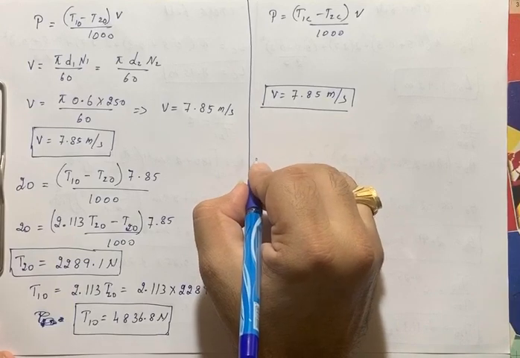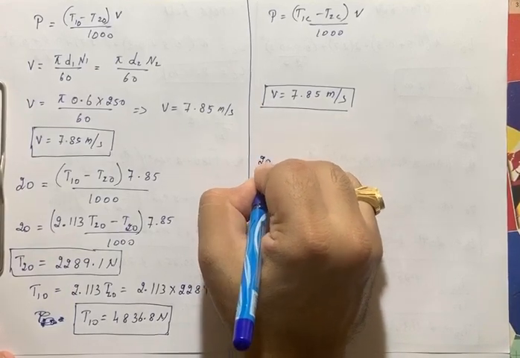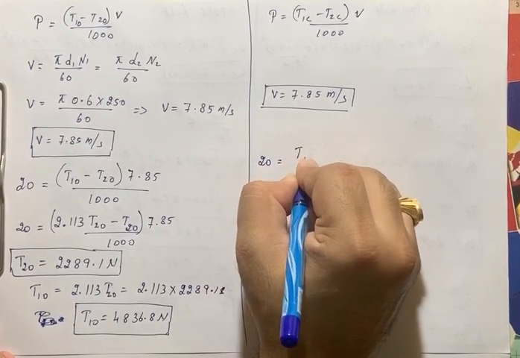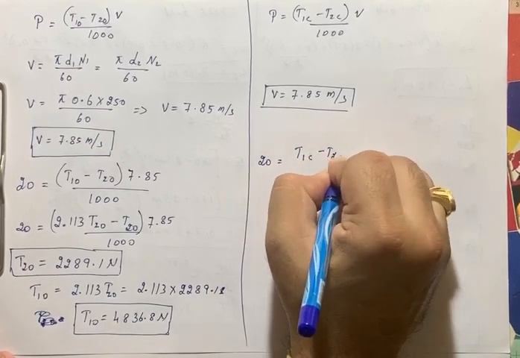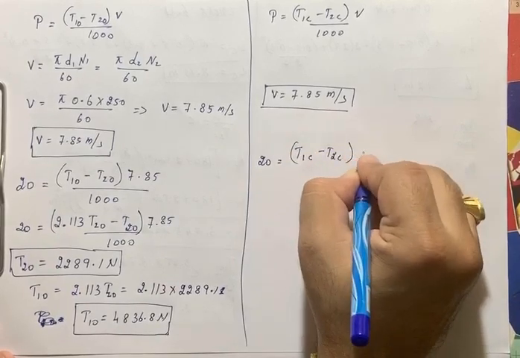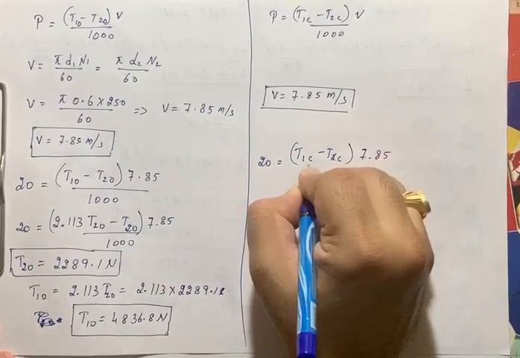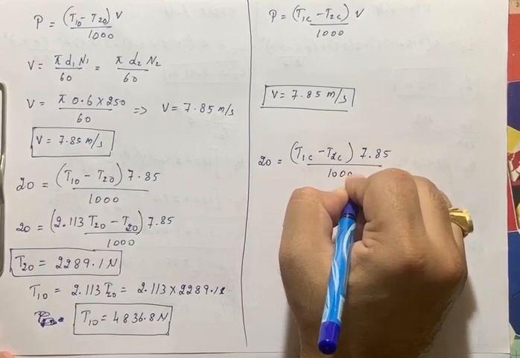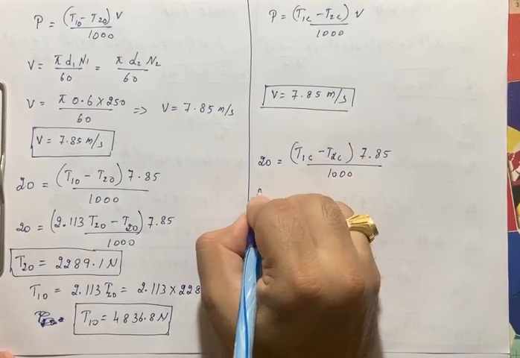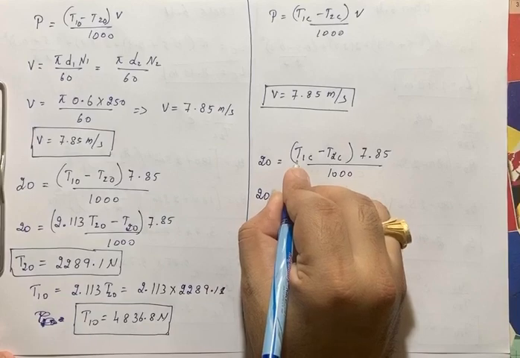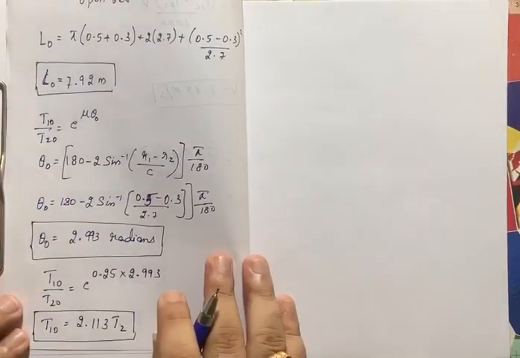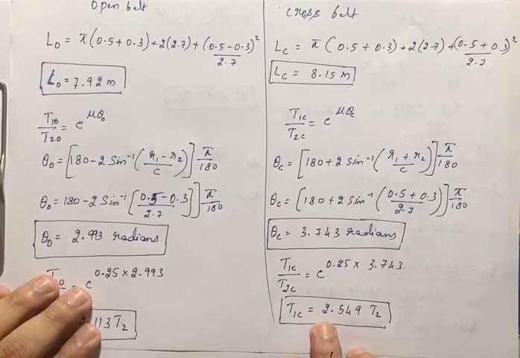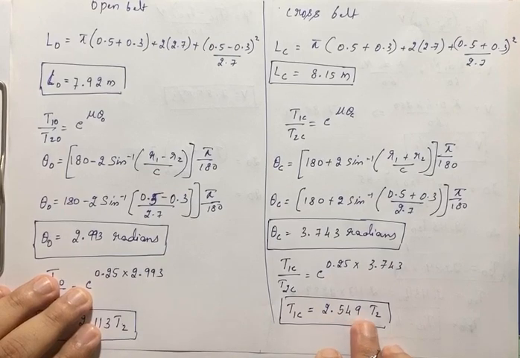We have this one, power is 20 kilowatt is equal to (T1C minus T2C) into velocity 7.85 divided by 1000. Now this is 20 is equal to, T1C is in terms of T2C. Here we have T1C as 2.549 T2.